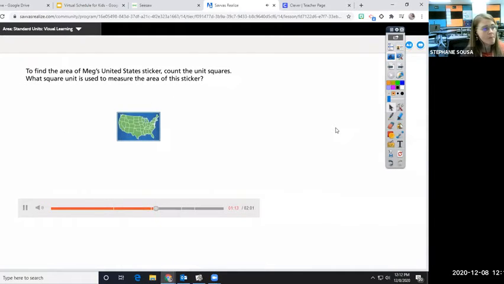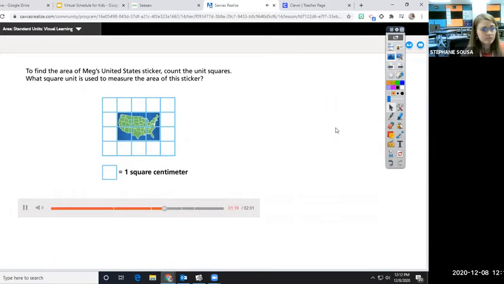To find the area of Meg's United States sticker, count the unit squares. What square unit is used to measure the area of this sticker? Square centimeters are used to measure the area of this sticker. How does the grid help you find the area? You practiced this yesterday. How does the grid help us find the area where this map is?